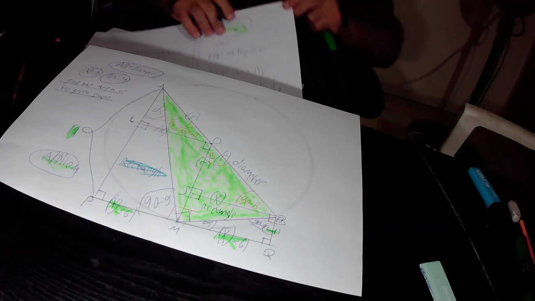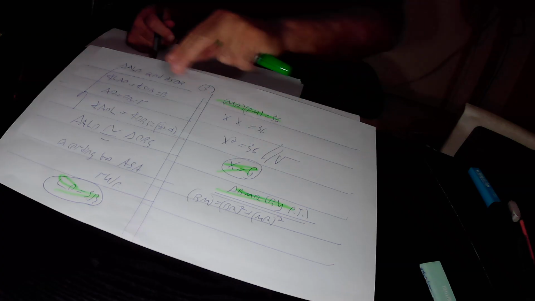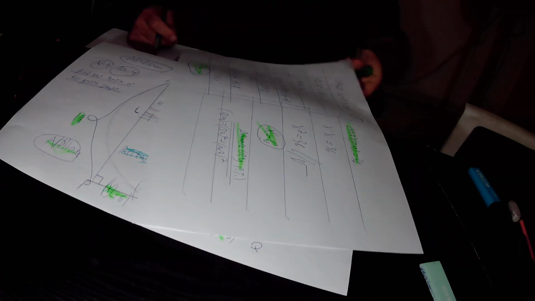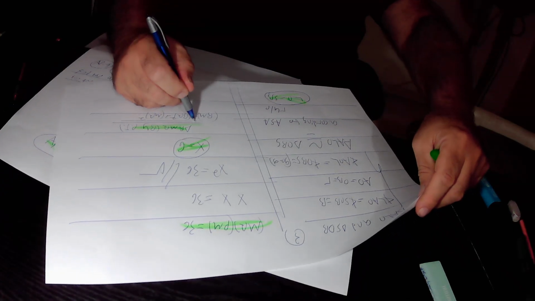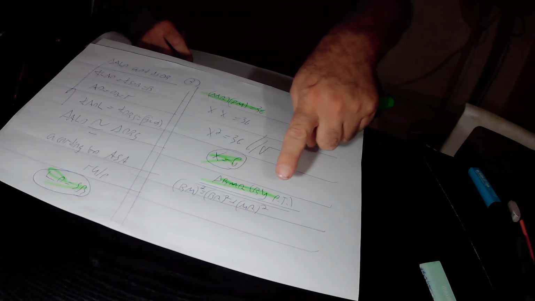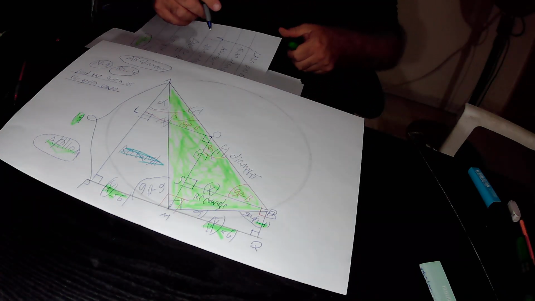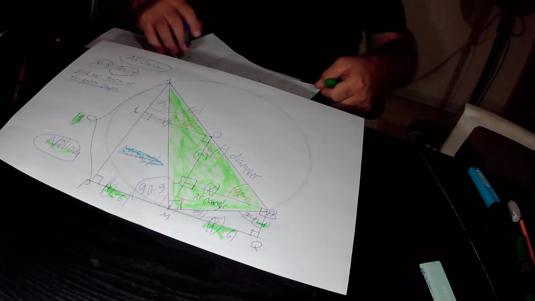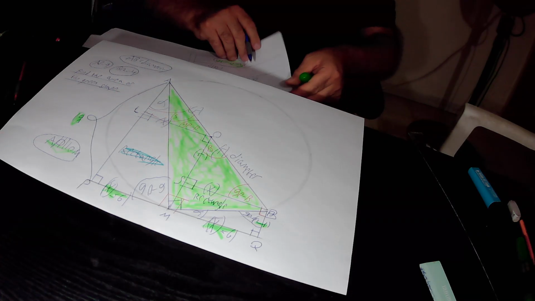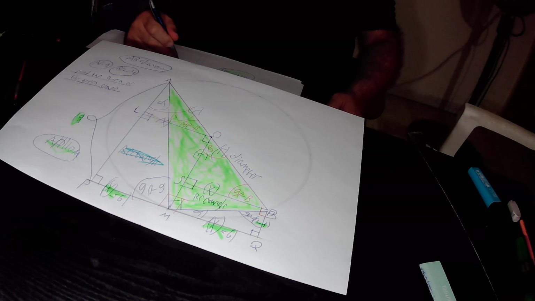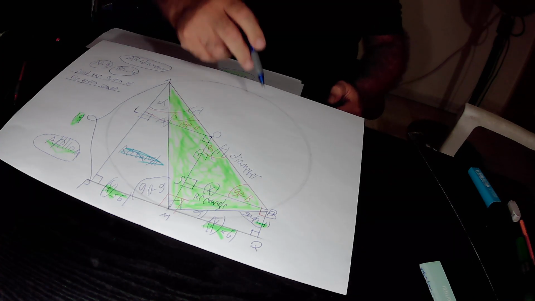And again, in the small right triangle BMQ, according to the Pythagoras theorem, BM squared, the square of the hypotenuse, is equal to BQ squared plus MQ squared. BM is the missing side, so we leave it as it is. BM squared is equal to BQ squared.